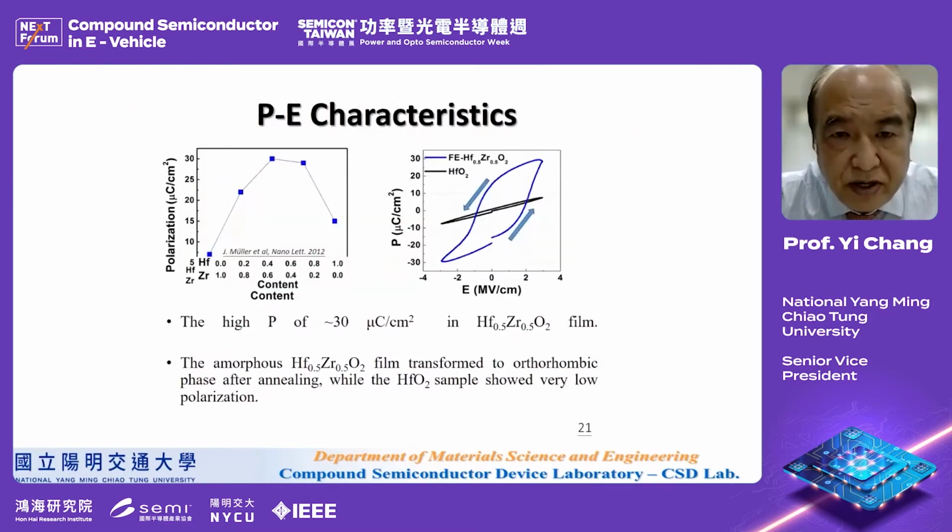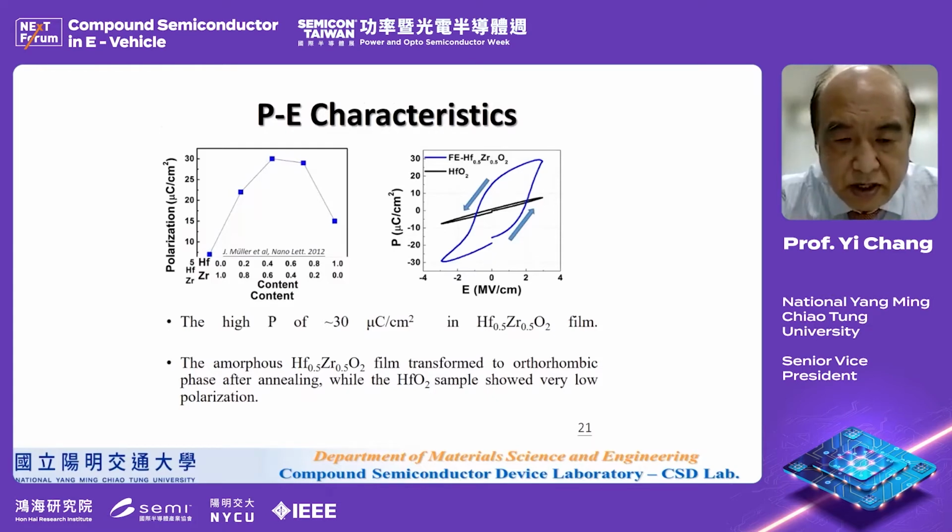And this is the P-E characteristic of this material. We know that for hafnium zirconium oxide, when the hafnium percentage is 50%, you get a very high polarization of 30 microcoulomb per centimeter square.